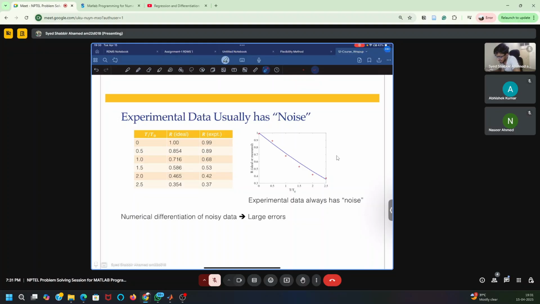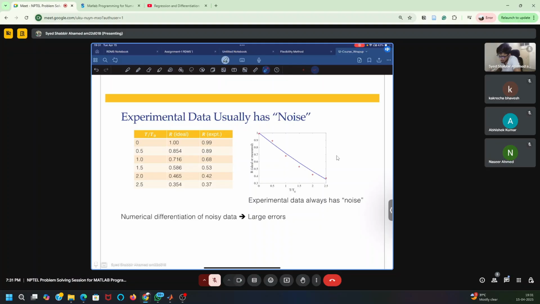This error is not that much in the predictions, but if I want to get the differentiation of my curve, of my process at various points, using these experimental values with numerical differentiation, there will be a lot of difference.